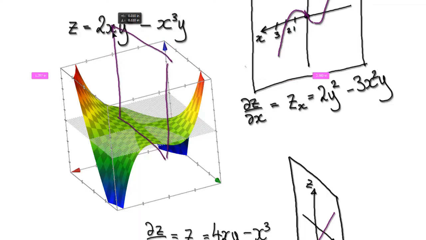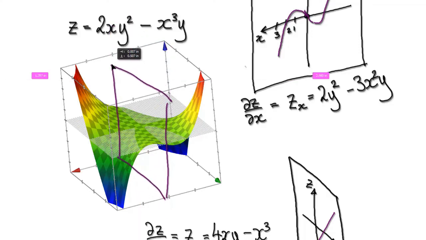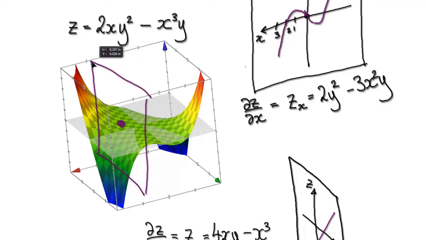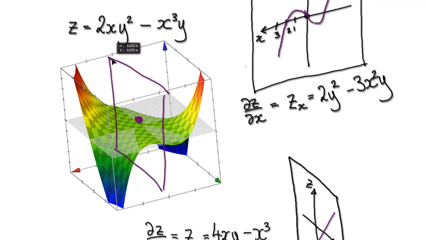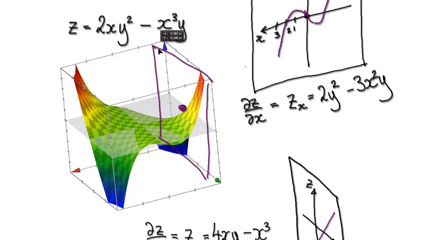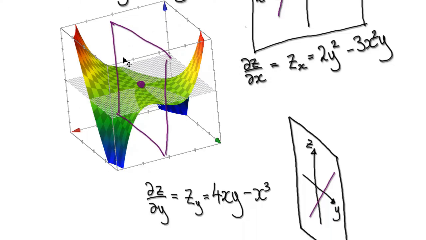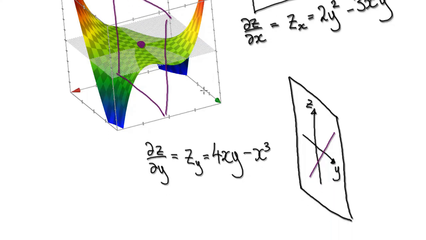This is your vertical sheet of paper here. The origin is right here, somewhere around here. So if you treat x as a constant, you're really moving along like this, or in the negative direction like this. Where the vertical sheet of paper intersects with the surface, it will give you something looking like this.